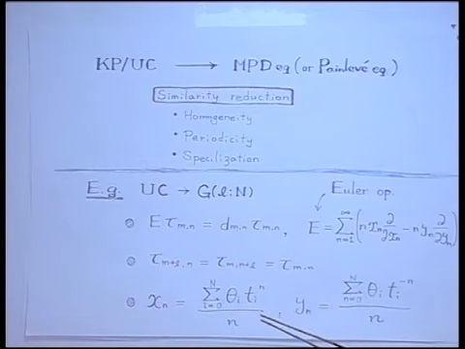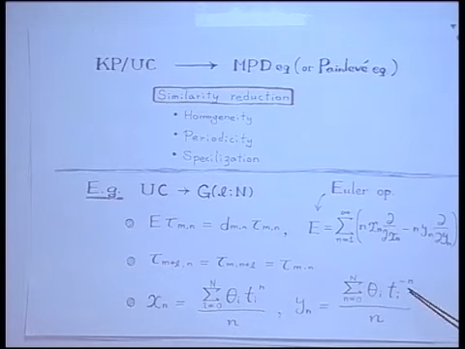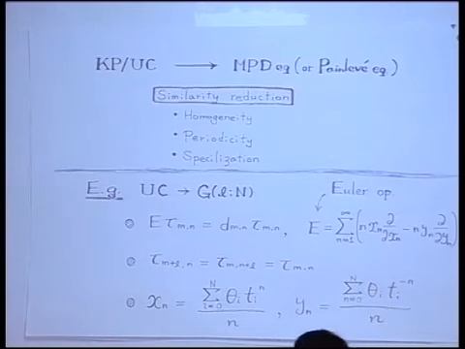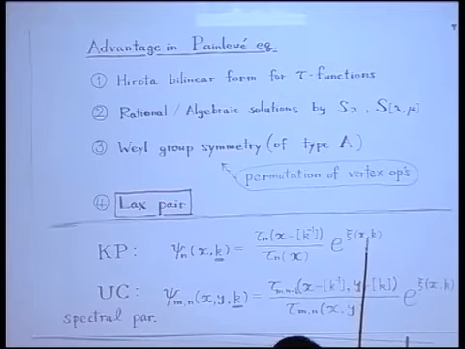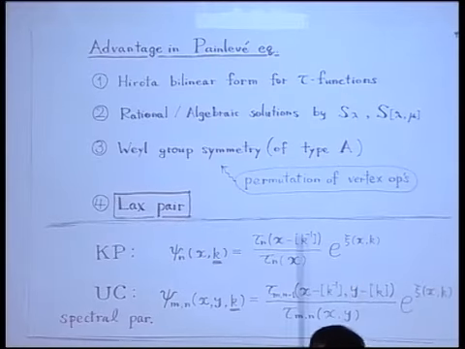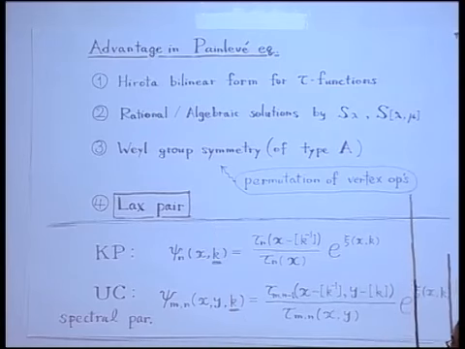Xn is the positive power sum and yn is defined as the negative power sum. And now, I'd like to show some advantages of the similarity reduction in Pan equation.